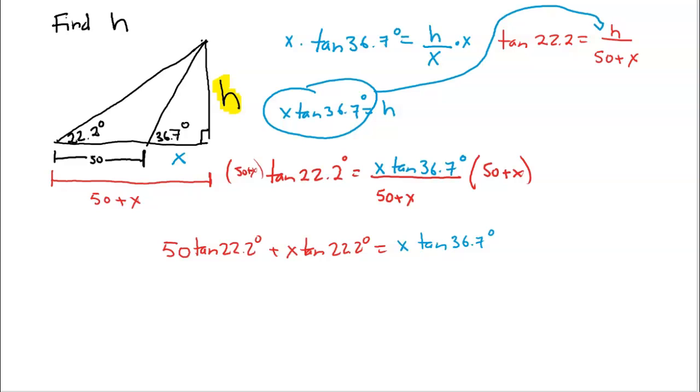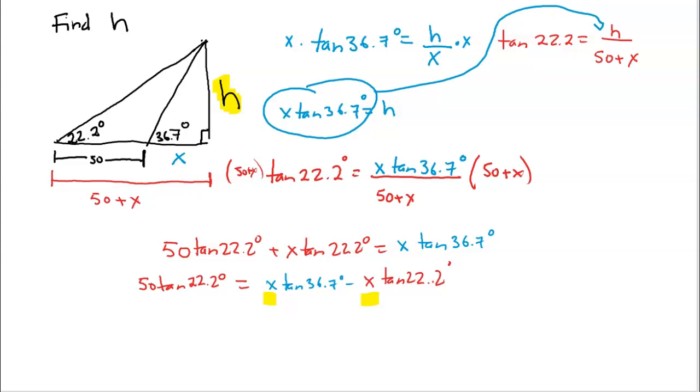I can then move my x over to the other side. So 50 tangent 22.2 is equal to, and then this will become x tangent of 36.7 minus x tangent 22.2 degrees. Now, what do they both have in common? They both have an x, so let's factor it out.